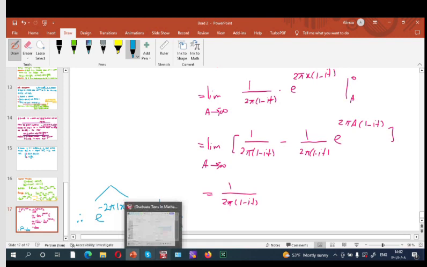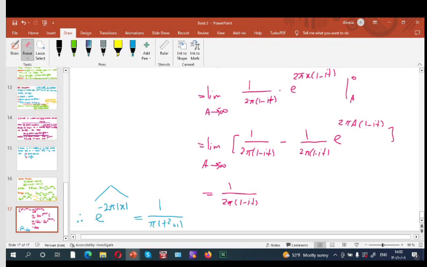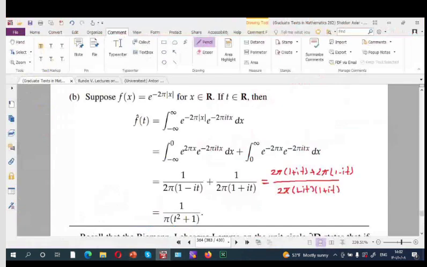The Fourier transform of this function, and we must write the same variable so that we can write this. For this function, its Fourier transform equals this.